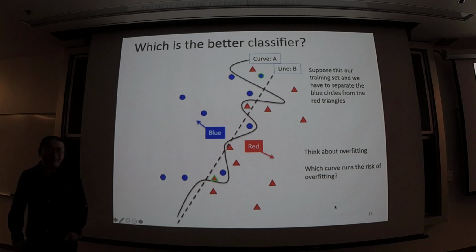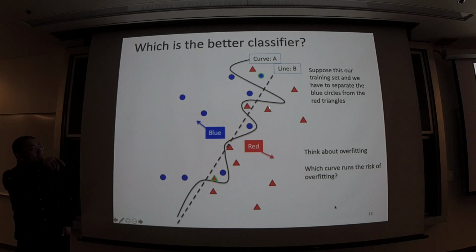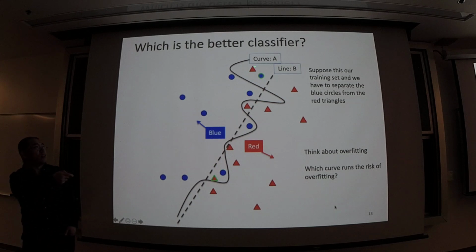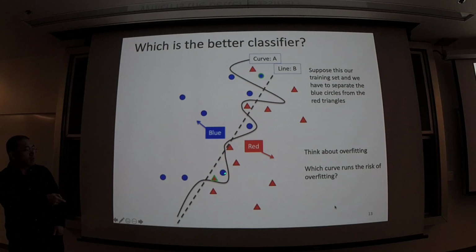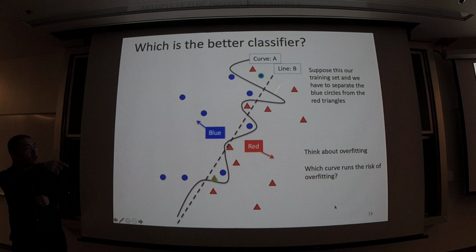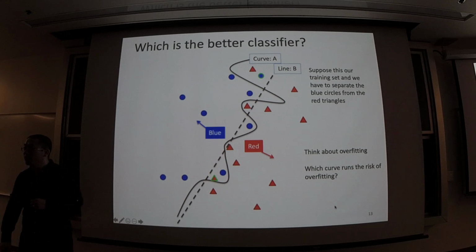But what about our linear classifier? The small perturbation in this boundary actually does not affect the linear classifier, right? Although I know these samples are just training samples corrupted by random noises, when I train a linear classifier, the boundary does not change.